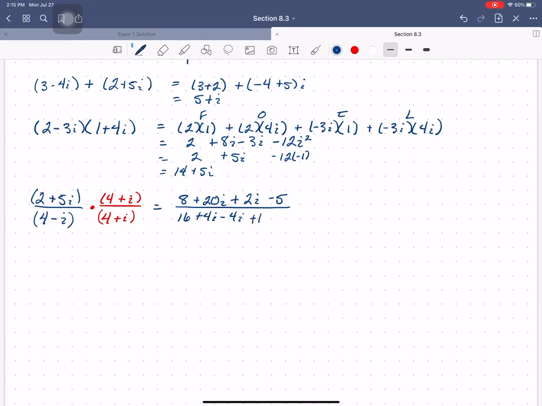So minus i squared is minus negative 1, which means plus 1. So what we end up with is 3 plus 22i over 17, or we usually write that as 3/17 plus 22/17 i, and reduce those fractions if we can.